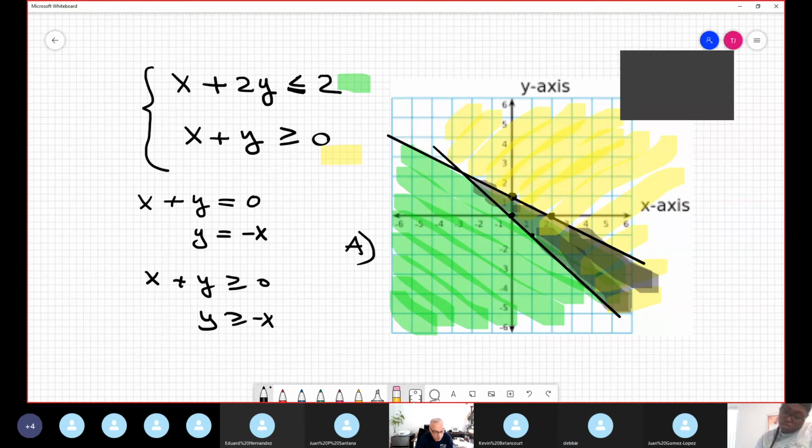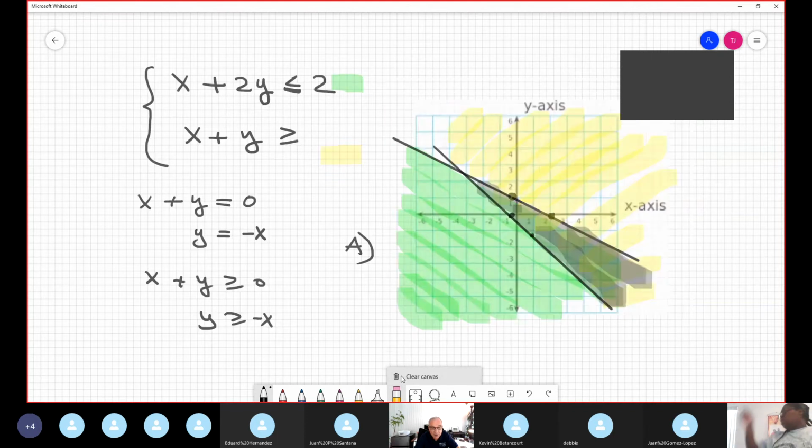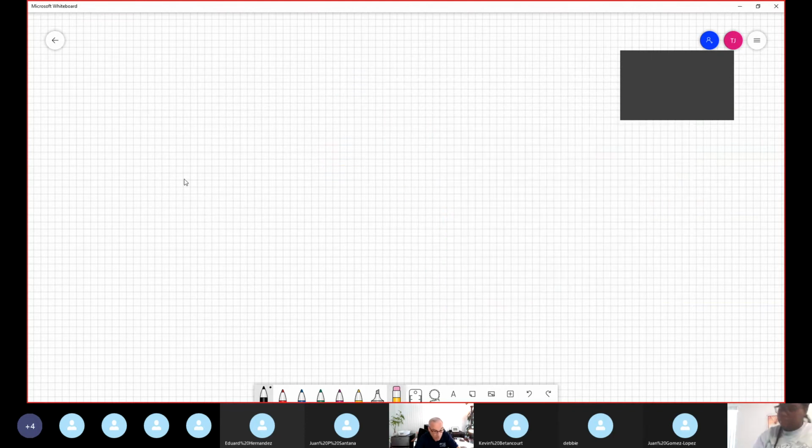So now, what is the problem we are doing? We are doing 44, no? We're doing 44. Doing now 45. Let me erase everything. 45 is x plus 2y greater than or equal to.